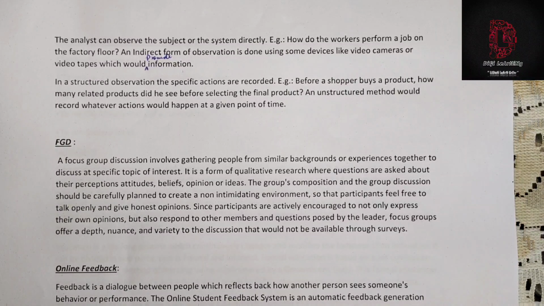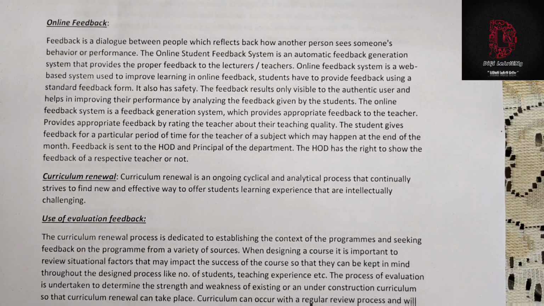Now comes to the online feedback. Feedback is a dialogue between people which reflects back how another person sees someone's behavior or performance. The online student feedback system is an automatic feedback generation system that provides the proper feedback to the lecturers or teachers.